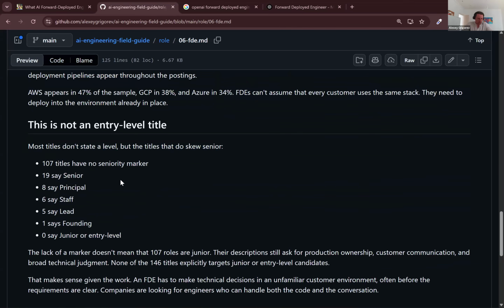So most of them don't have any seniority marker, but from what I see, the role is rather senior, right? So some say senior, principal, staff, lead. From the description you understand that if you're not senior, doing scoping and then prototyping and then deployment and then following into production is just too much, right? Too difficult. You have to have this experience to be able to own this thing end to end.